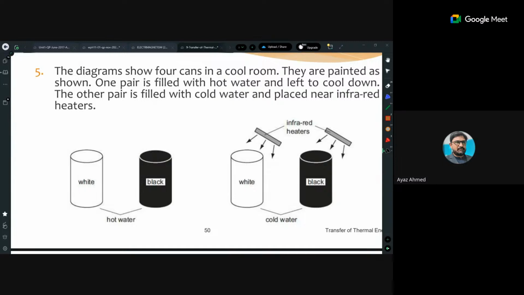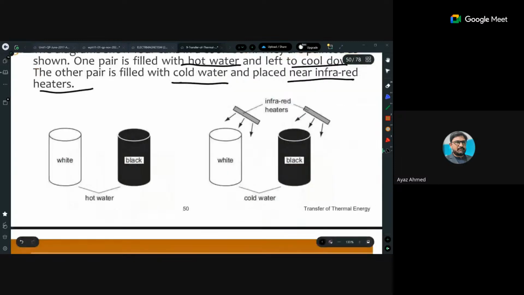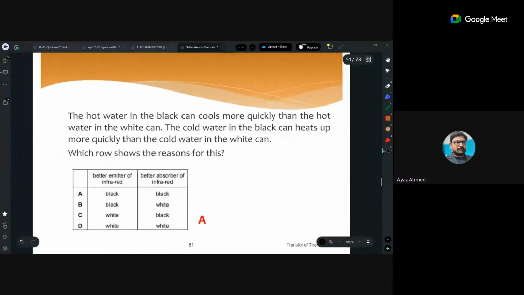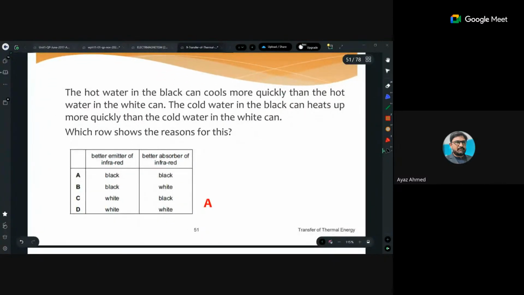The diagram shows four cans in a cool room, and they are painted as shown. One pair is filled with hot water and left to cool down. The other pair is filled with cold water and placed near the infrared heater, right? The hot water in the black can cools more quickly than the hot water in the white can.